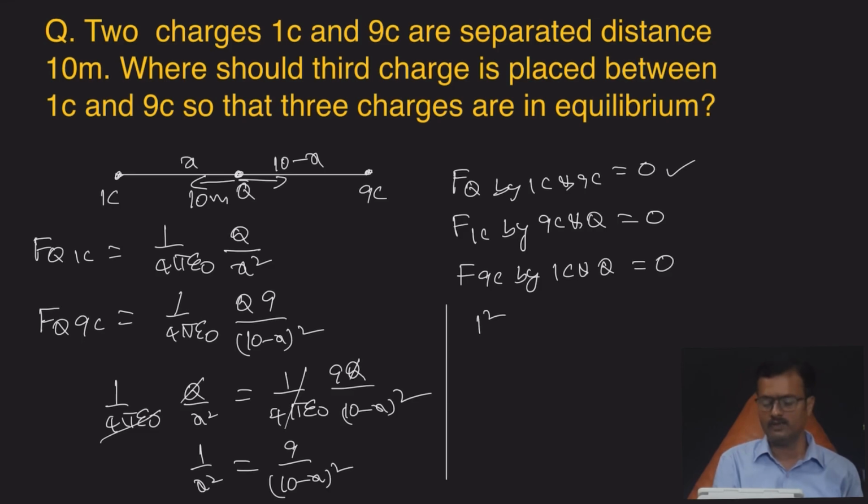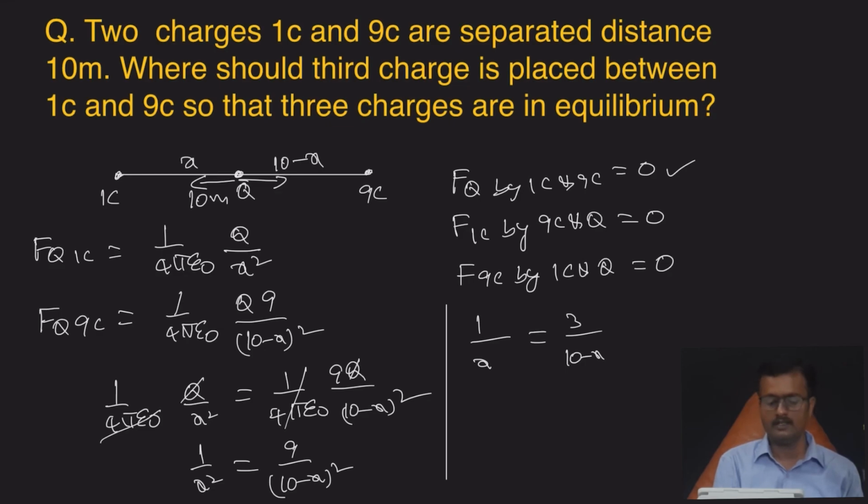1 is written as 1 square by x square, 9 is written as 3 square, and 10 minus x whole square. See here, both have squares, so square is common and they cancel. We get 1 by x is equal to 3 by 10 minus x.